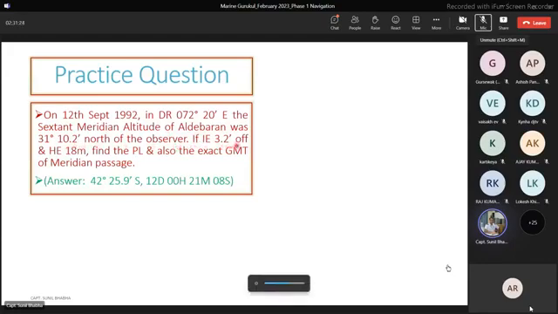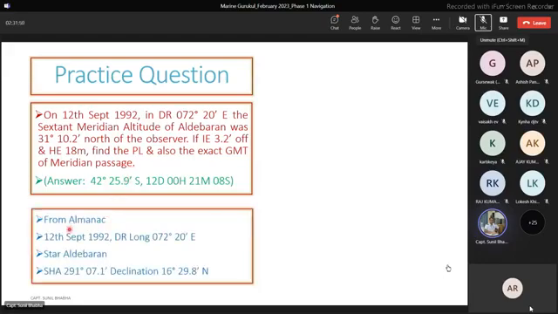If index error is 3.2 minutes of the arc and height of eye is 18 meters, find the position lines and also the exact GMT meridian passage. Now the first part of question we have already seen how the position line is to be calculated. So let us see the solution of the first part.